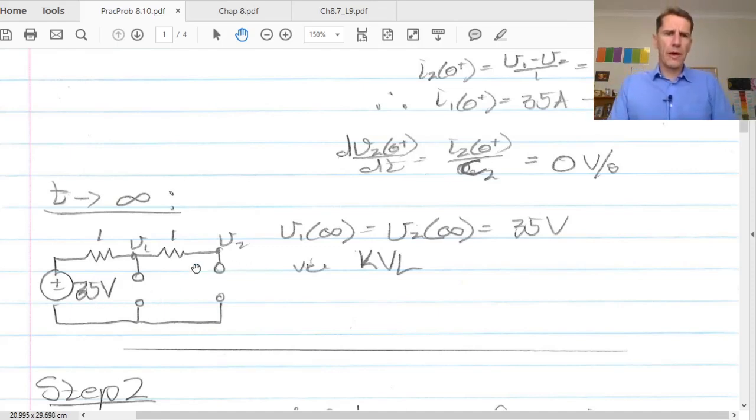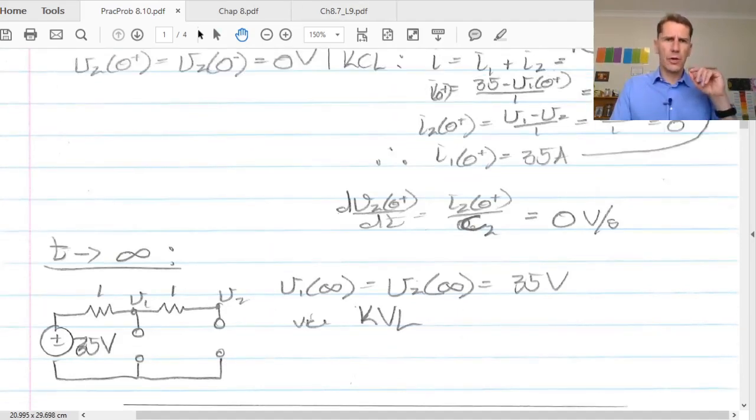So they both have to charge up to 35 volts, because if V1 is at 35 and V2 is at 35, your voltage potentials are the same, and if there's no potential difference across that resistor or that resistor, because it's 35, 35, 35, you won't have any currents flowing, so the capacitors won't charge any further. Right, so that's step 1, finding the initial and final conditions.